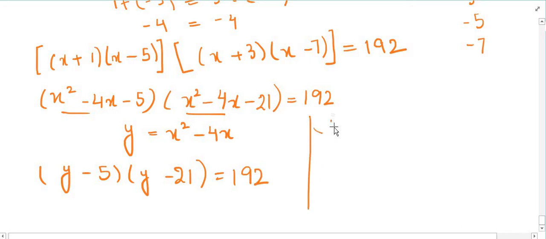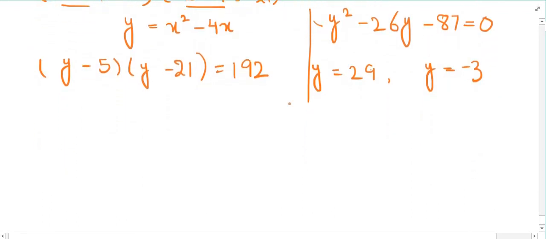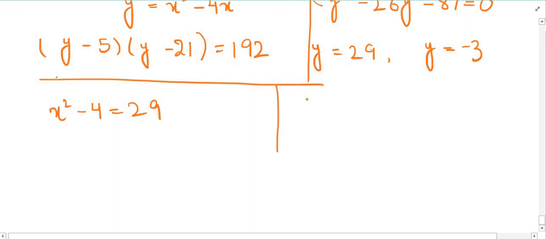This becomes y² - 26y - 87 = 0. Apply the quadratic formula. You will get y = 29 and y = -3. Again substitute y, which is x² - 4x: x² - 4x = 29 and x² - 4x = -3.